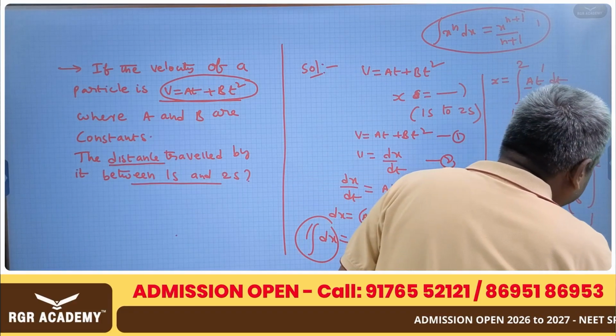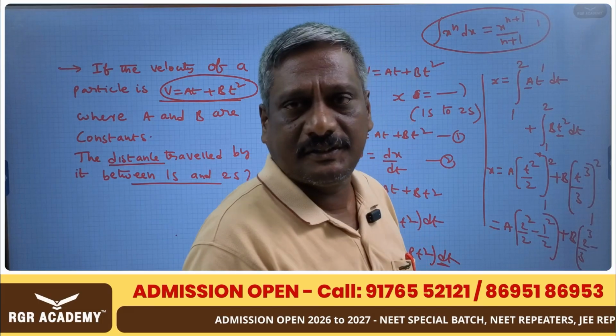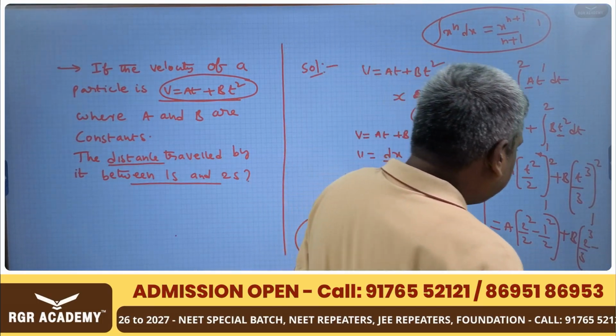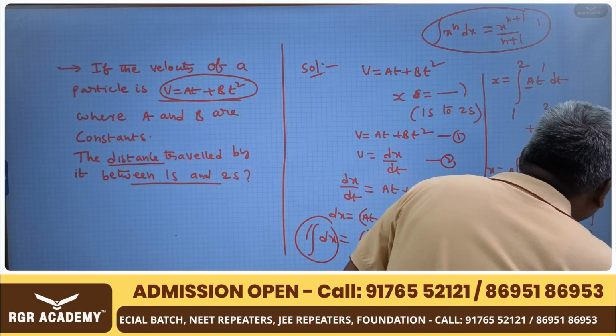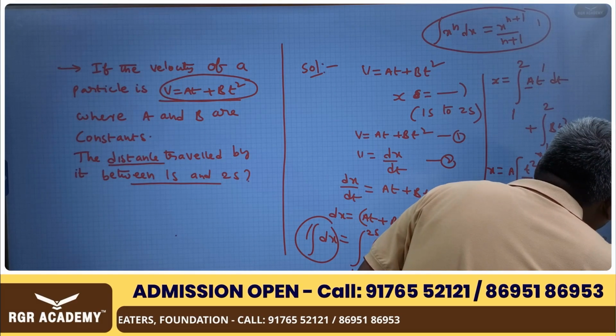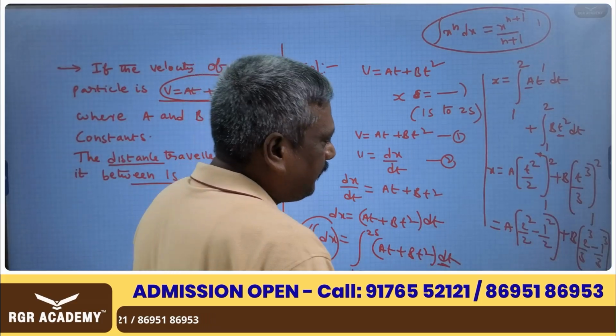t is replaced by 2 first: 2 cube by 3, minus the lower limit 1, that is 1 cube by 3. What happened further?